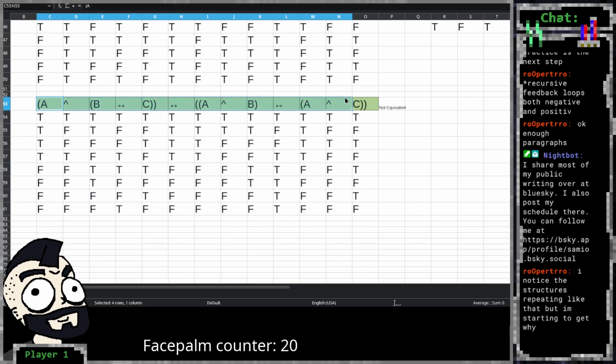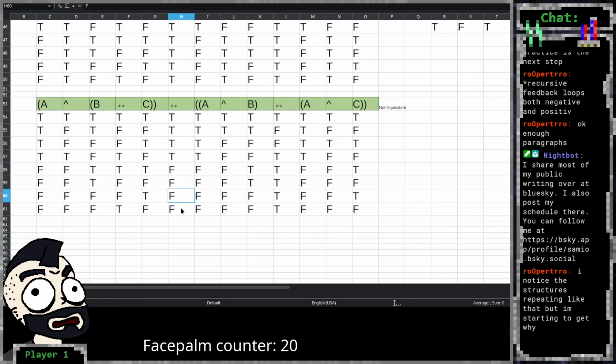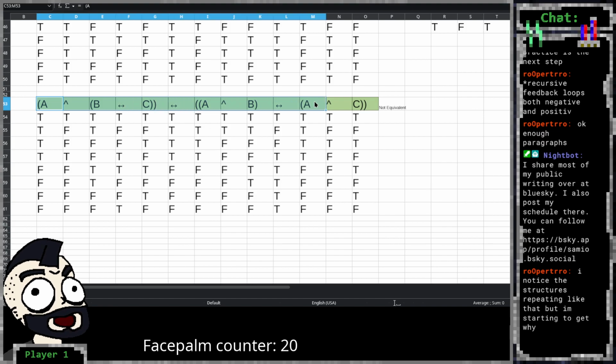So all of this is not equivalent, but all of this can be reduced to true, true, true, true, false, false, false, false, which is the same mapping as A. All of this giant chorizo of a formula is another really fancy way of saying A.